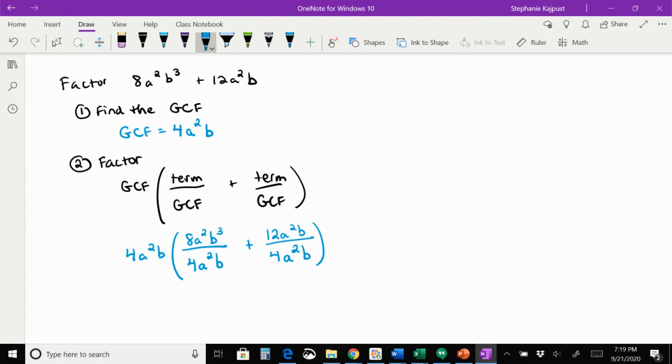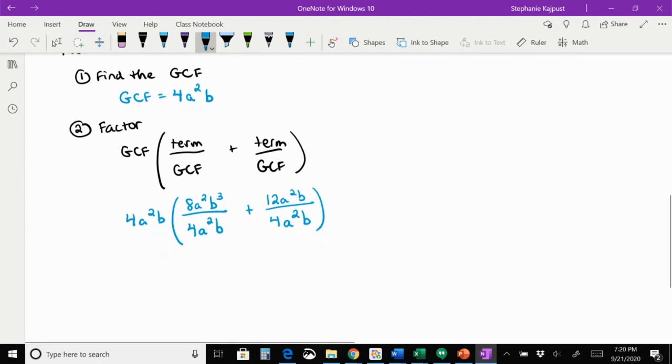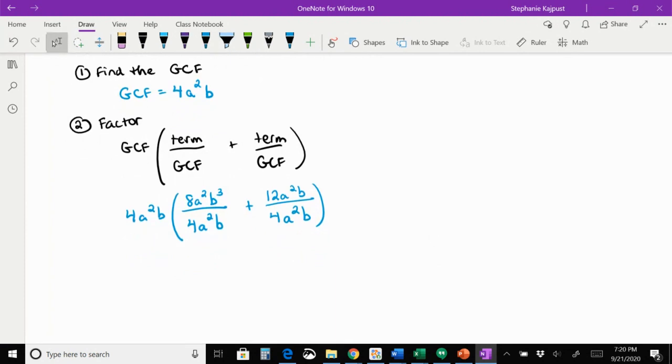Then you simplify the inside of the parentheses. So you're going to do the division. We've created exponential expressions, which is why that homework comes before the factoring homework, because you need to be able to simplify an exponential expression in order to do the factoring.